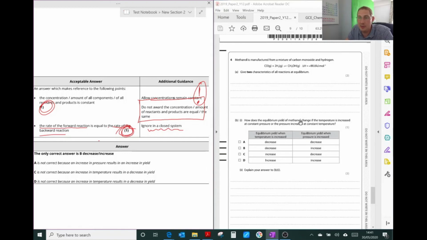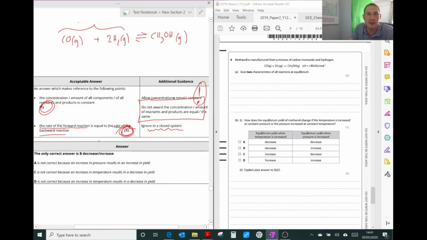How does the equilibrium yield of methanol change if the temperature is increased at constant pressure, or the pressure increased at constant temperature? So we've got carbon monoxide gas plus 2H2 gas in equilibrium with CH3OH gas. First thing to notice, there are 3 gas moles on the left, and there's only 1 here.